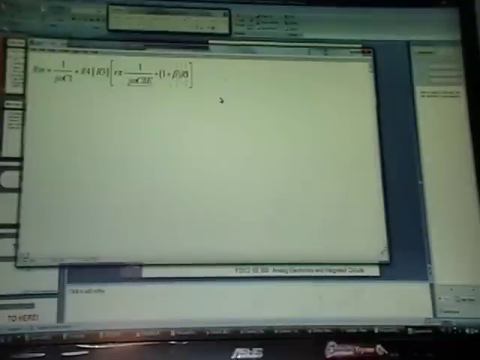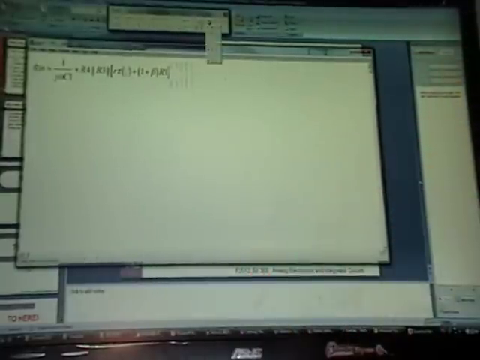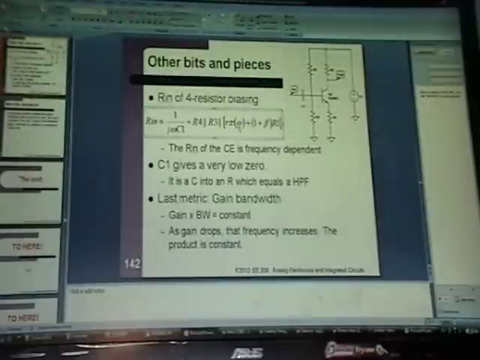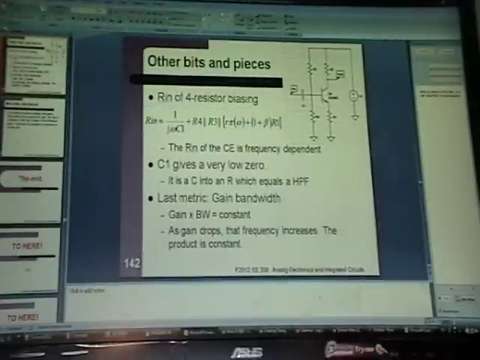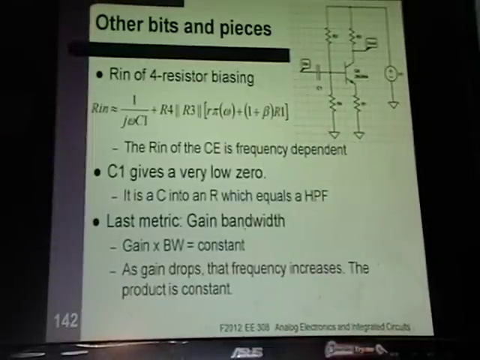Are both sides moving? I don't agree with this. Until I check this, we'll just say R pi is a function of frequency. Okay. So yeah, just follow the path. If it breaks out, then everything's in parallel.